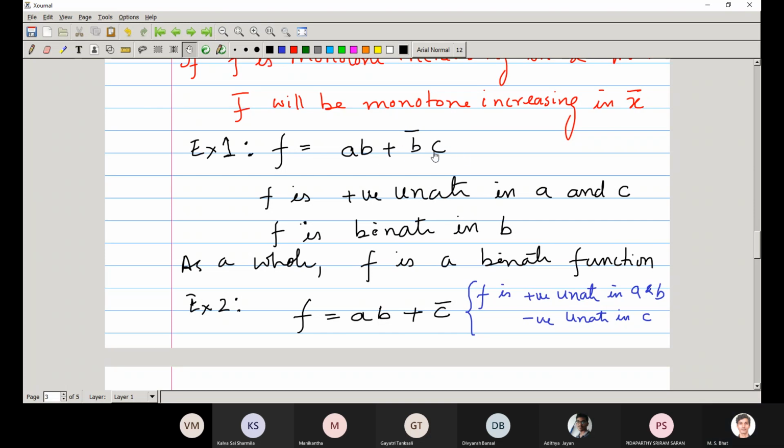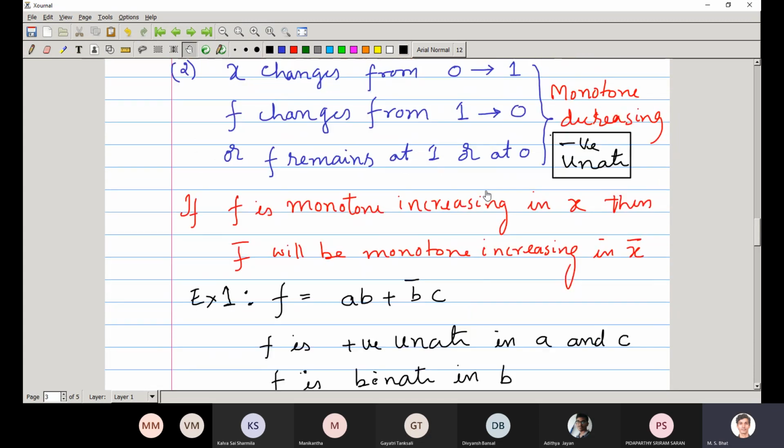Secondly, suppose C is 1 and B is 0. So B bar is 1. So F is 1 irrespective of A. So if A changes from 0 to 1, this F is already 1. So there is no change in the value of F. So F will remain either at 0 or 1 depending on other variable values.